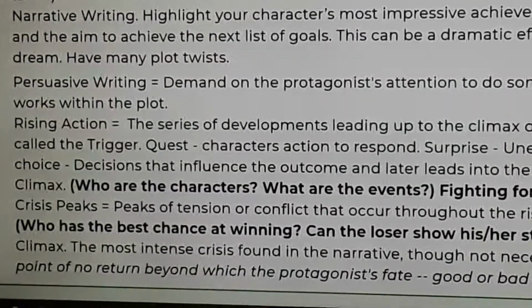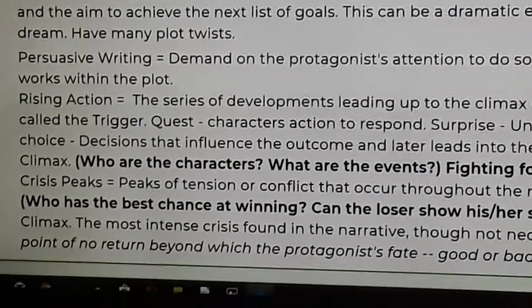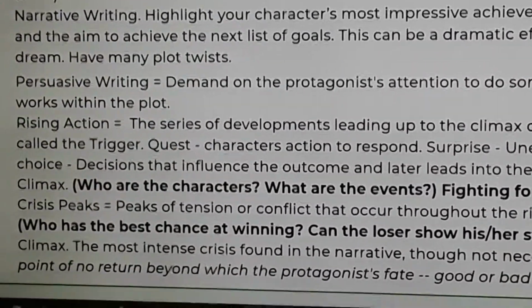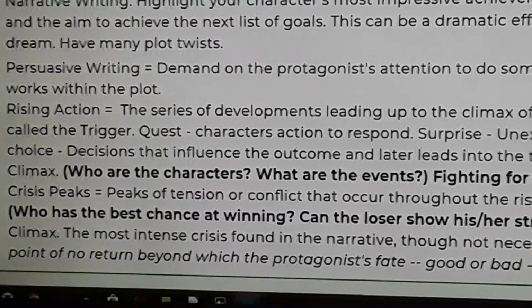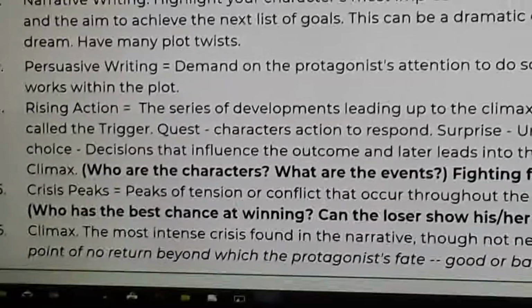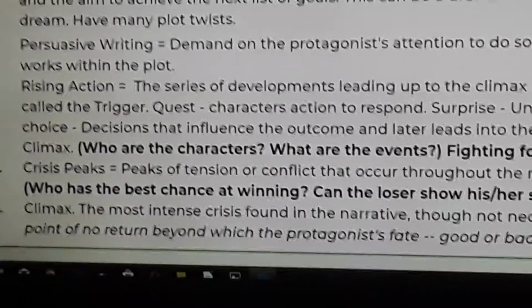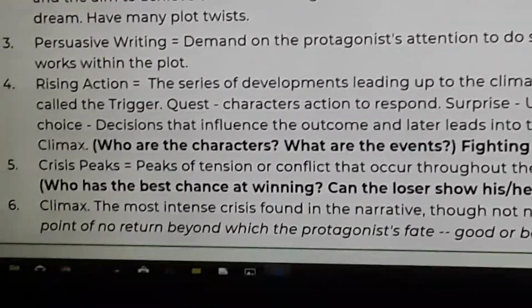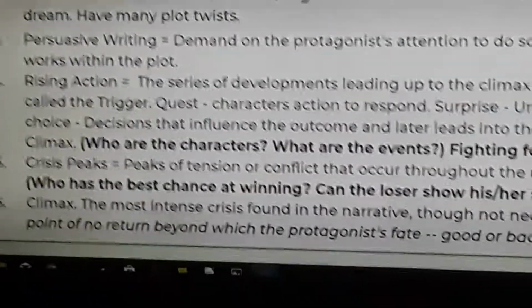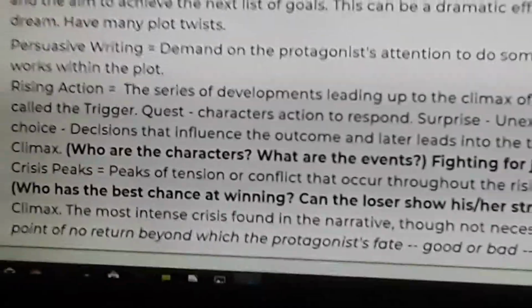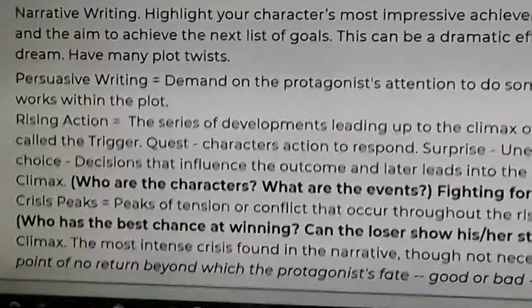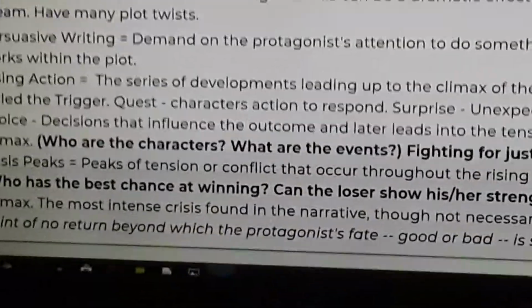Persuasive writing is a little bit more complicated. It demands the attention of the protagonist because that is our main character, while persuasive writing can work with any development of characters. Today we're focusing on the protagonist.